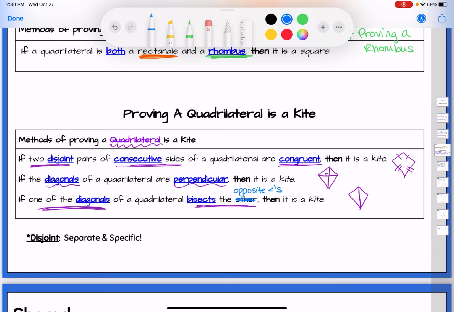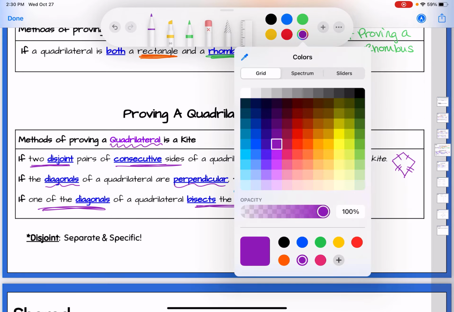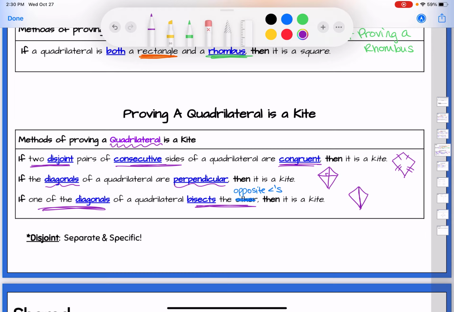So I apologize if I've already written that. Erase, rewrite. If one of the diagonals of a quadrilateral bisects the opposite angles, then it is a kite, right? If we had bisecting, it could be a parallelogram, and a parallelogram can't be a kite. But instead, if I have it bisecting the opposite angles. So all I need to know is that one of these diagonals is bisecting the opposite angles.